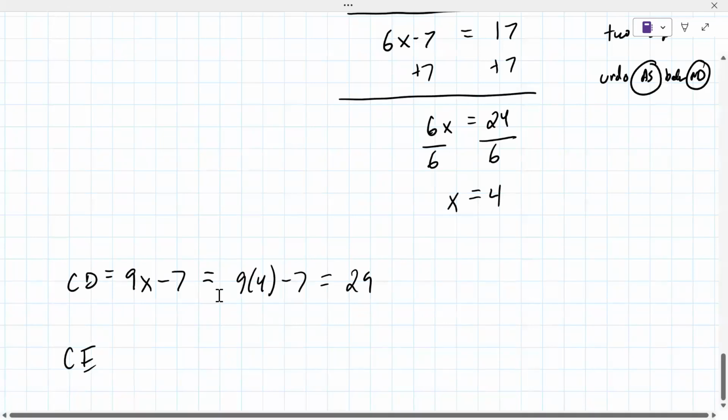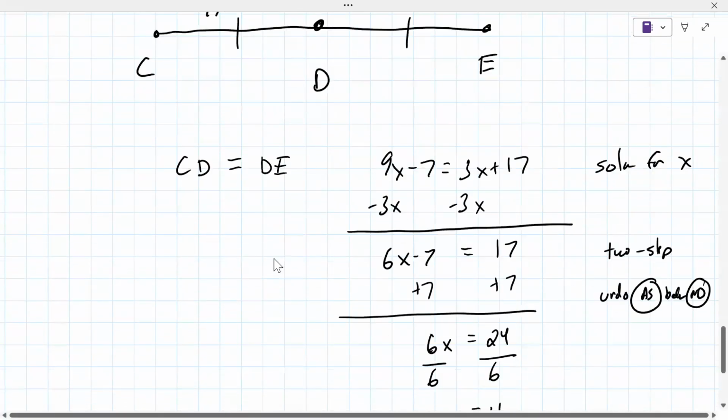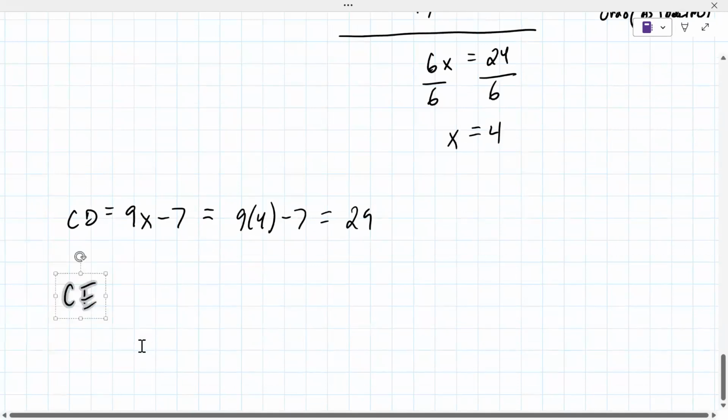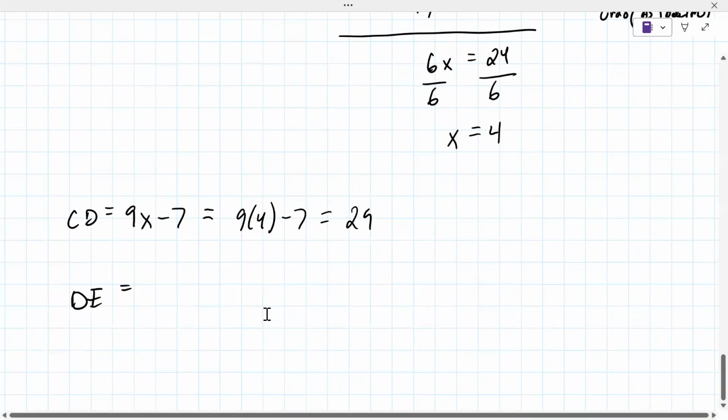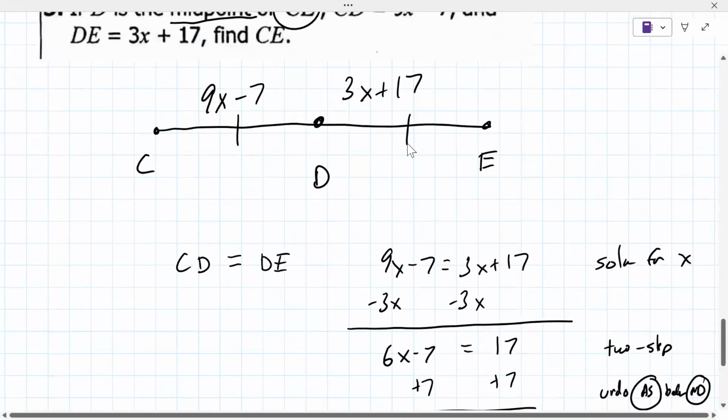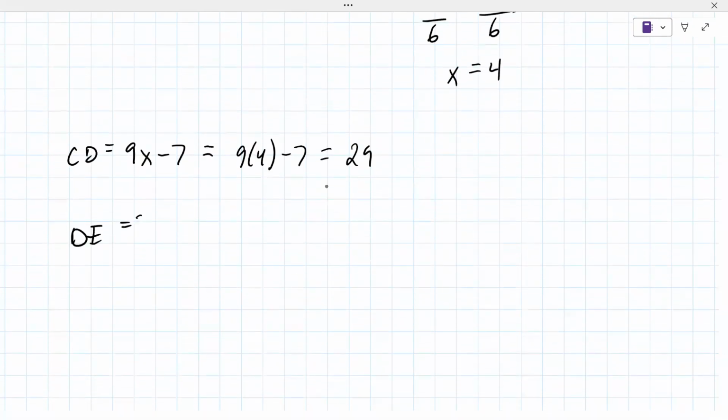No, sorry, not CE. BE. BE is the other way. So DE is this other length. What is that length? 29. Yeah, so it's 3x plus 7, which ends up being 29.